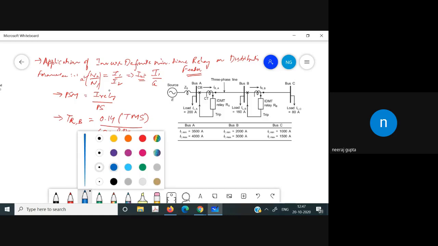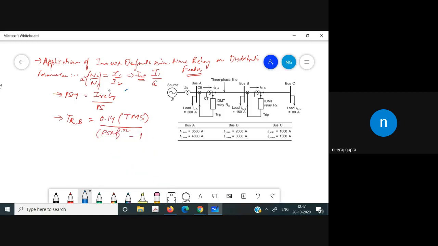So for the setting of the relay, we have to use certain relations, and these relations we have already discussed in the introductory chapter, since it is an inverse definite minimum time relay. Now, this is the problem that we have to discuss.